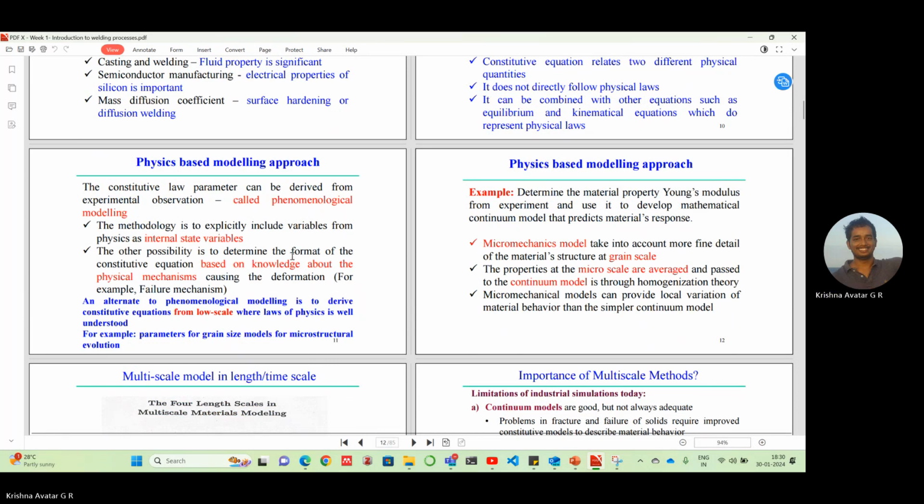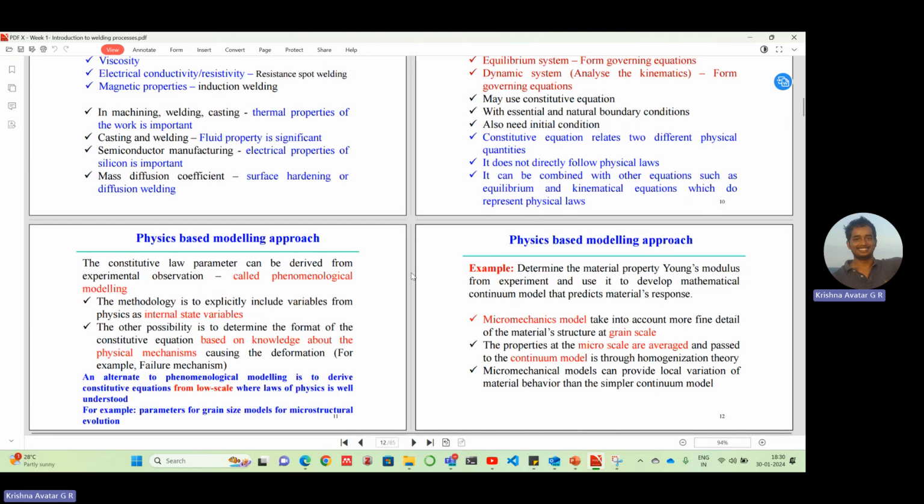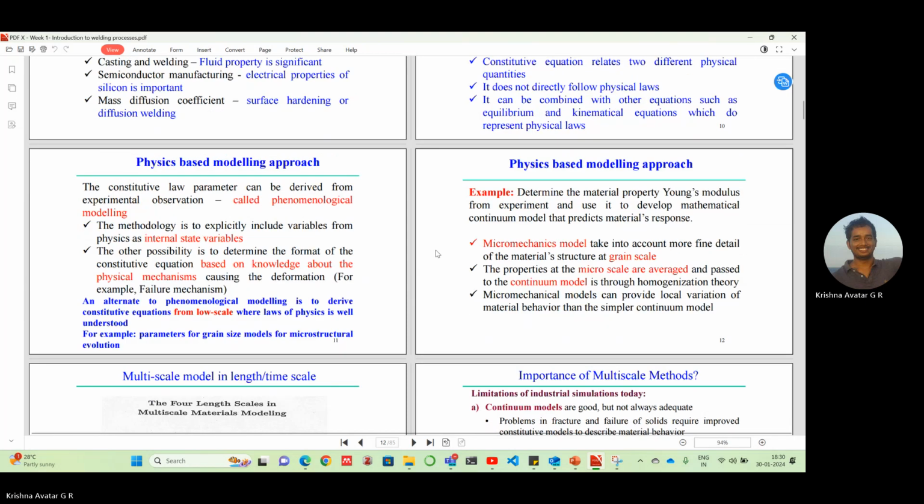So an important requirement in physics-based modeling is the determination of the constitutive laws. The constitutive law is very much dependent on which system we are modeling, and it could also depend on various other factors such as temperature, what is the ambient temperature of the process being performed.